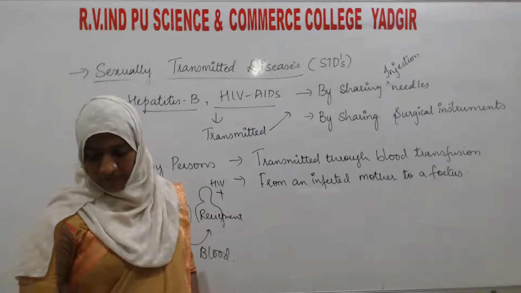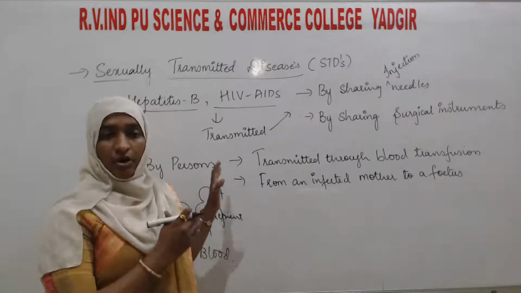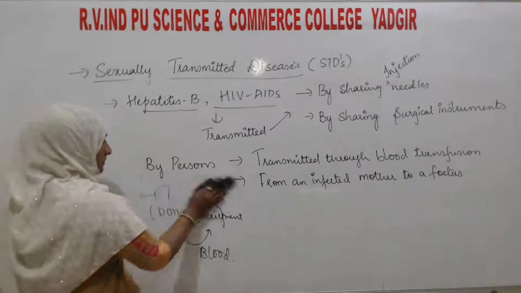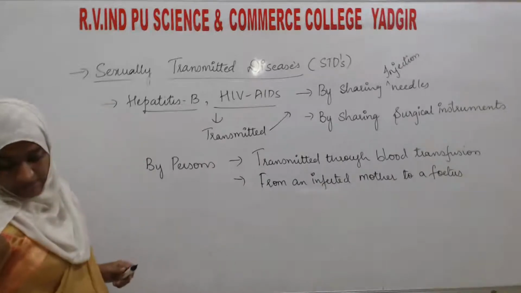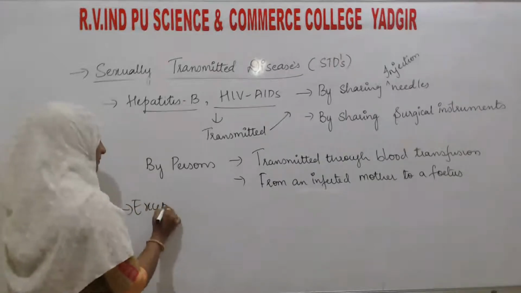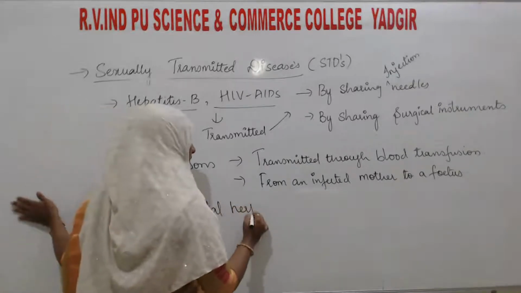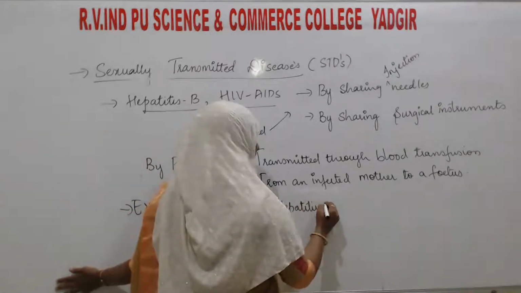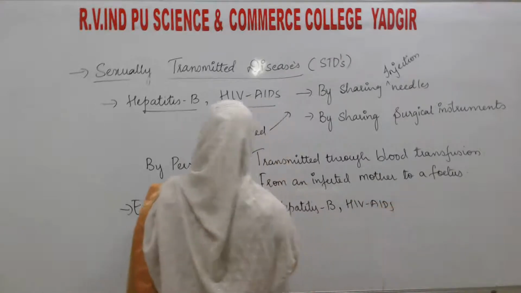Among all these examples, there are 3 infections: genital herpes, hepatitis B, and HIV/AIDS.